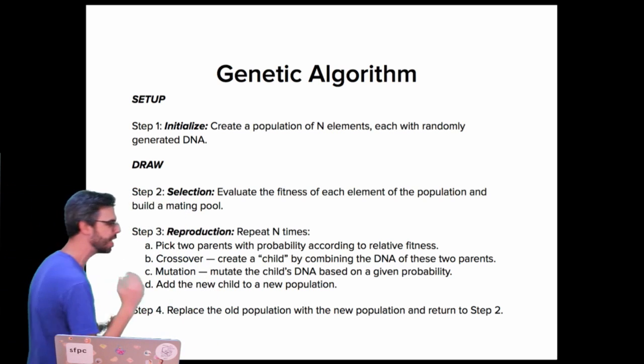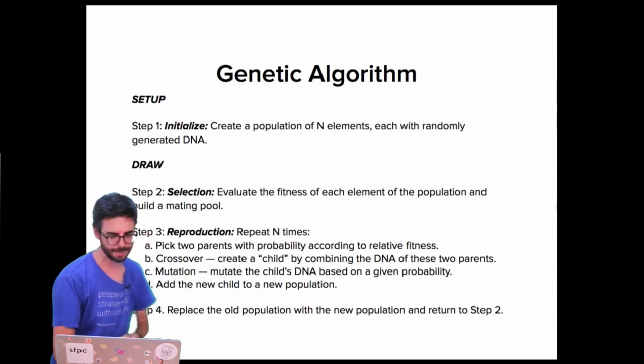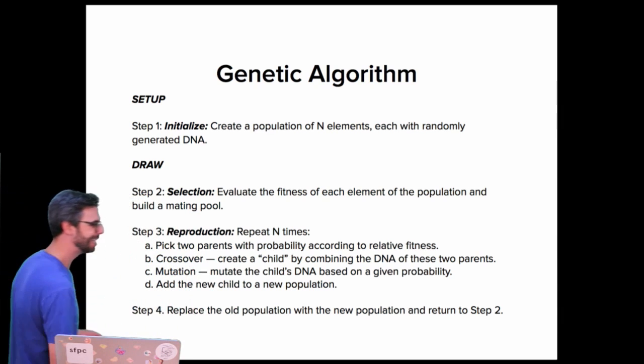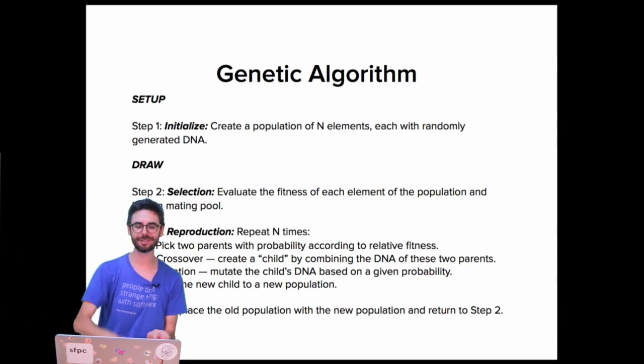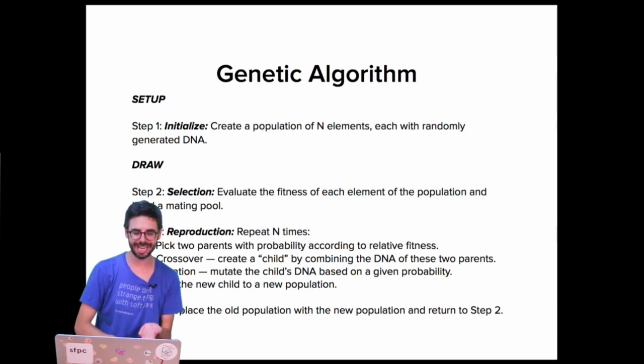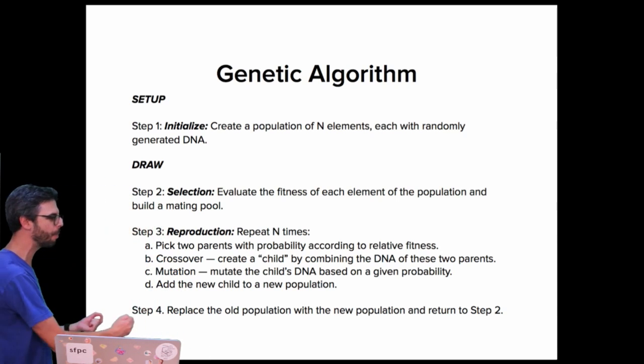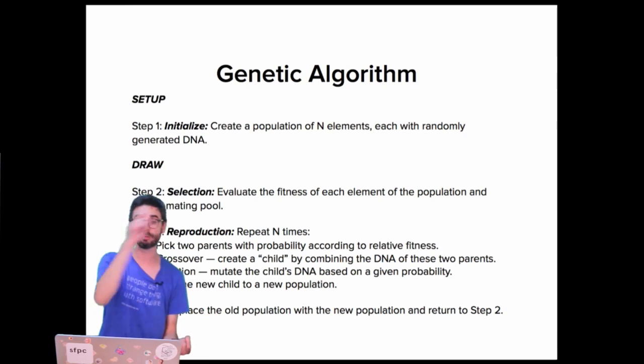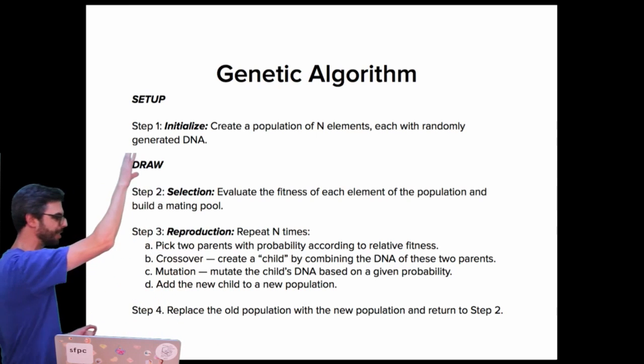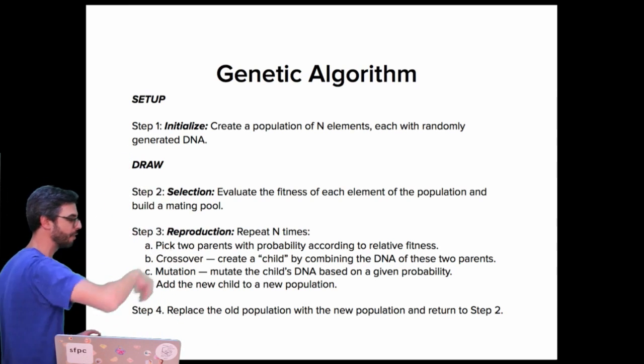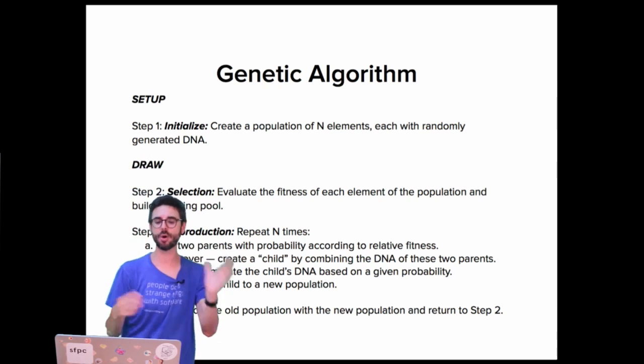Step 2 is selection, evaluate the fitness of each element of the population. Then step 3 is reproduction. Pick 2 parents, apply crossover, apply mutation, add the child to the new population, and then step 4 is replace the old population with the new population and return to step 2. So set up this, everything happens initialize, draw happens over and over again. And this is what I'm going to look at in the code in the next example.